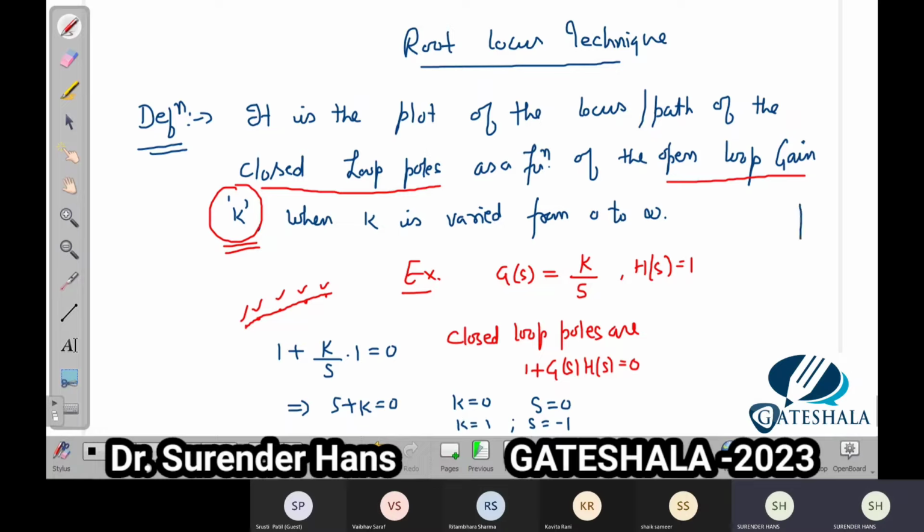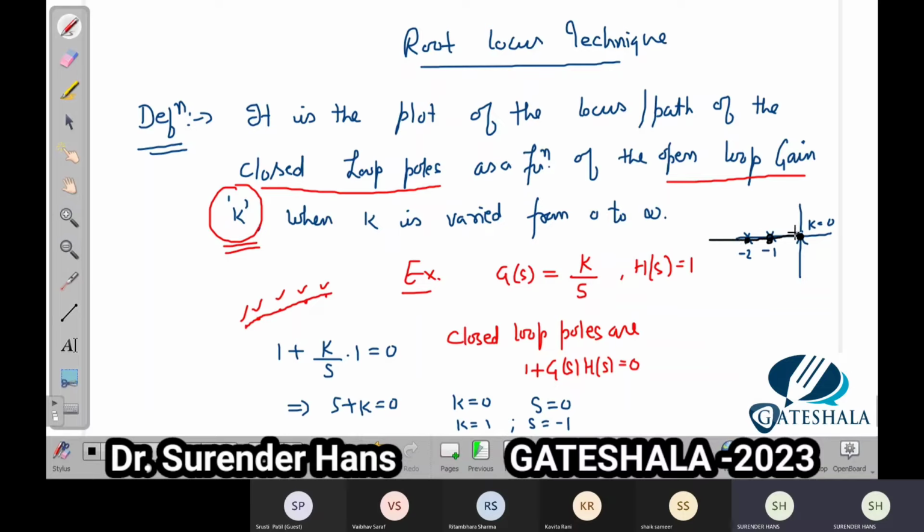So if I put K equal to 0, one pole is at the origin. K equal to 1, one pole is at minus 1. K equal to 2, one pole is at minus 2. So the points are the collection of all the closed loop poles.